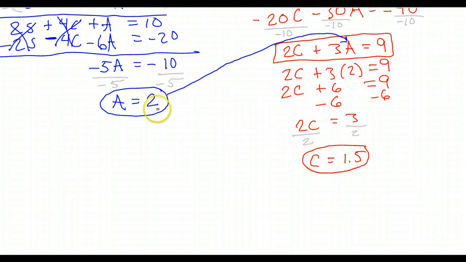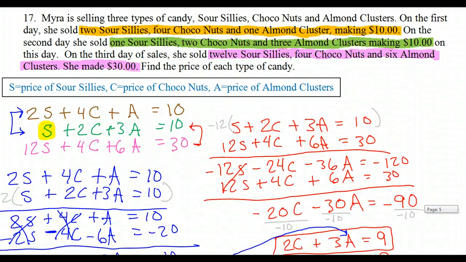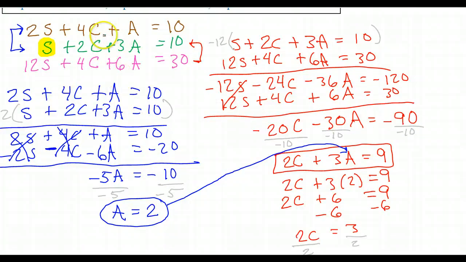Now I have two values. I have a, I have c. I still need to find s. But once you have two values, you really can go back to the beginning and pick any of these three original equations. I like the green equation, so I'm going to use that.